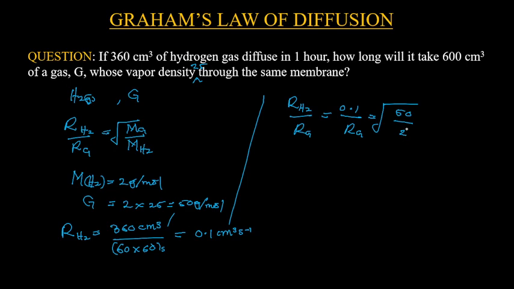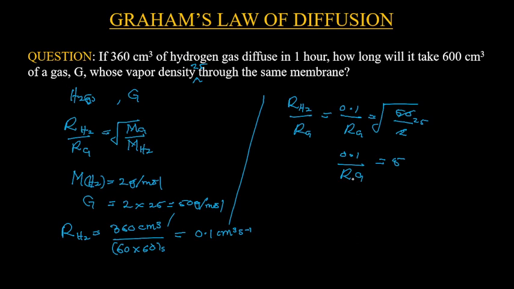Now this will go into this 25 times. So the square root of 25 is going to be 5. So 0.1 over the rate of diffusion of G is equal to 5.